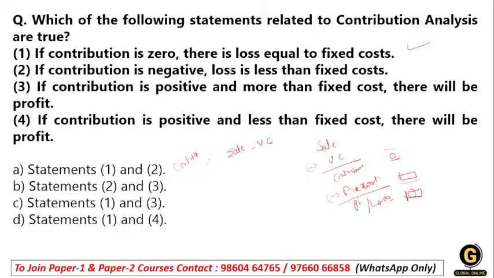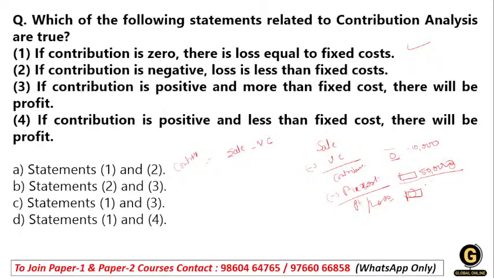Okay, the second statement: if contribution is negative, suppose contribution is minus 10,000, the loss is less than the fixed cost. Suppose your fixed cost is 50,000. If there is a negative contribution, then you will face losses.